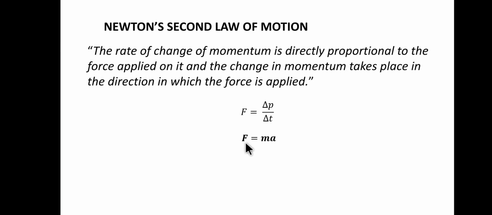So force is equal to mass into acceleration. F is equal to ma is the relation we obtained from Newton's law of motion. This means force is the product of mass and acceleration.